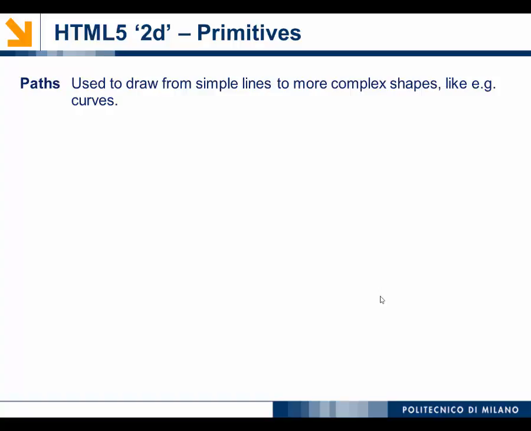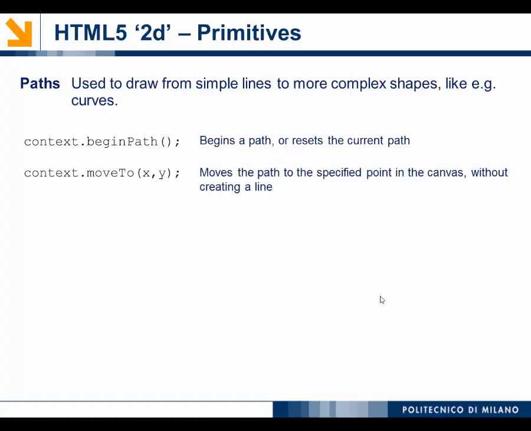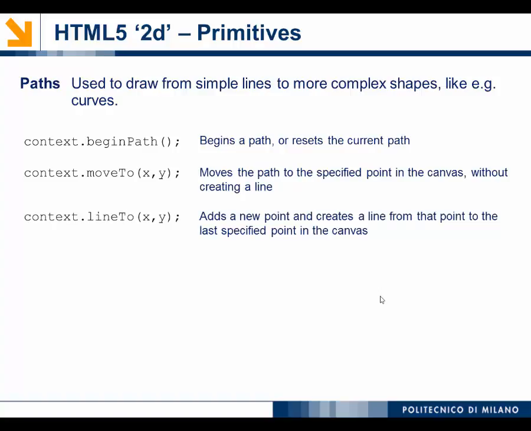Paths instead are used to draw lines or more complex shapes, for example curves. You need to begin a path, which clears the state variables associated up to that point with the path. Then move the cursor to a specific point. If you want to move but also to draw the line, you use lineTo.